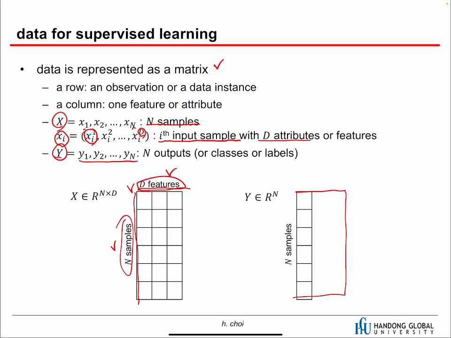But if it is a classification, then for one sample we have one scalar, which is the index of a class, like 3, 4, 1, 5, something like that. If it's a regression, we can have multiple outputs, where for one sample we have multiple outputs as a vector. This one is only for the classification problem.